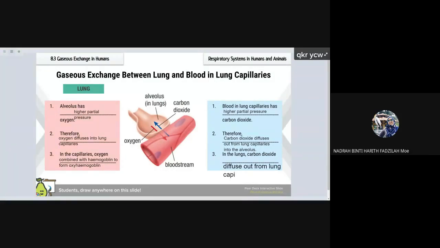When it reaches the lungs, carbon dioxide diffuses from lung capillaries into the alveolus, then is expelled. During exhalation, we expel carbon dioxide through the nose and mouth.